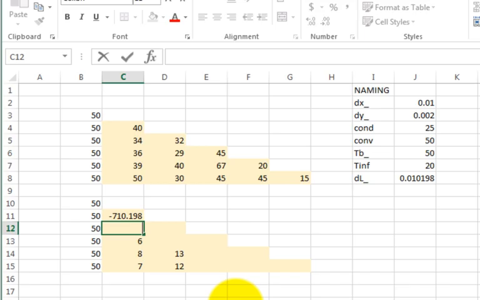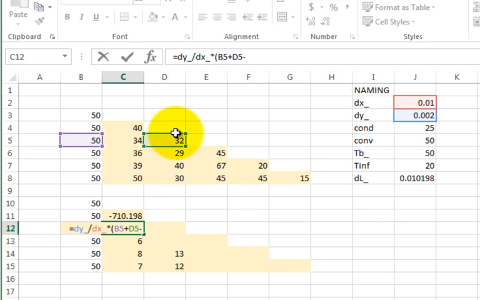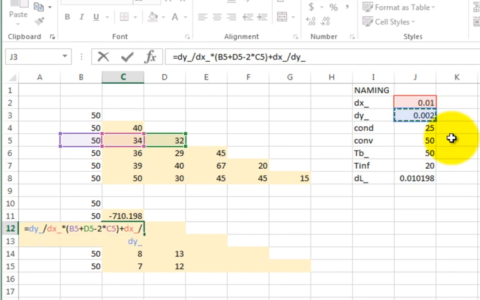So let's do this one. This is equal to, for the two nodes over there, delta y divided by delta x times, in parentheses, this temperature plus that temperature minus 2 times that temperature, close paren, plus dx divided by dy times, in parentheses, this temperature plus that temperature minus 2 times the middle temperature, close paren.